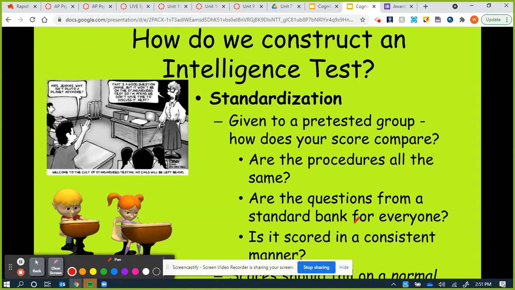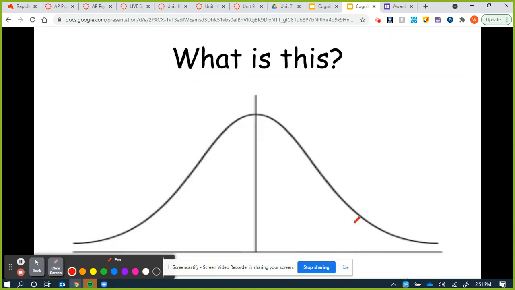All right, and then for it to be standardized, what they generally want is for scores to fall on a normal curve. That is what happens after a test: they will standardize it to make sure scores fall on a normal curve.